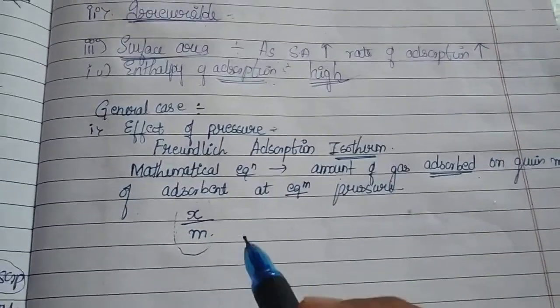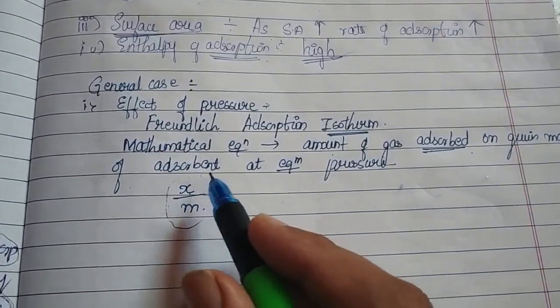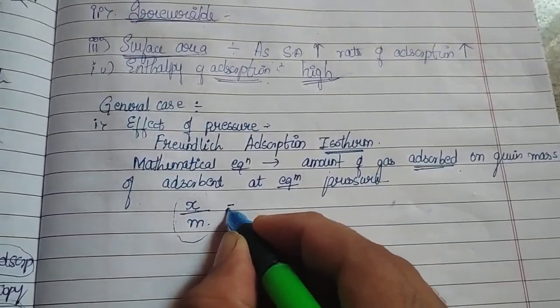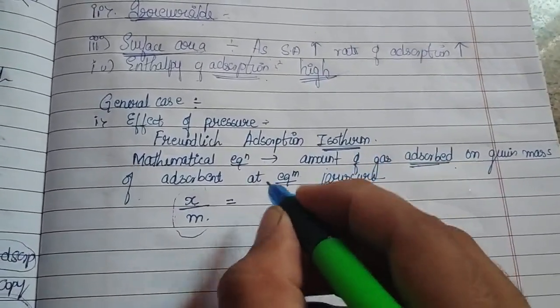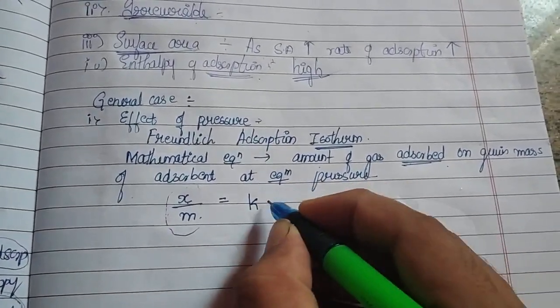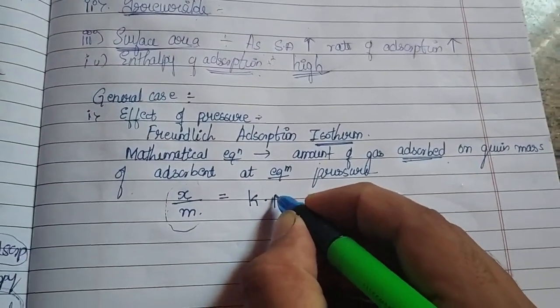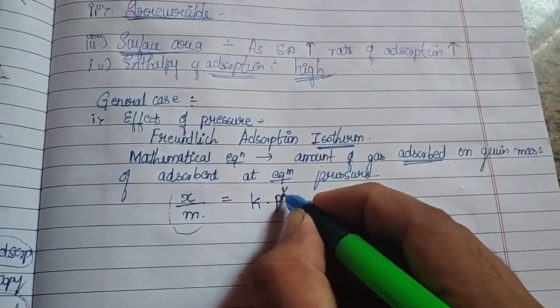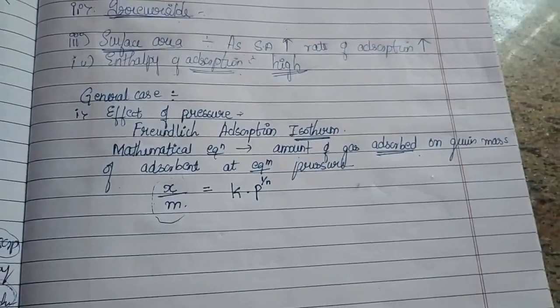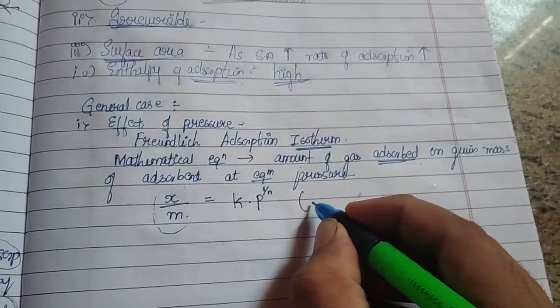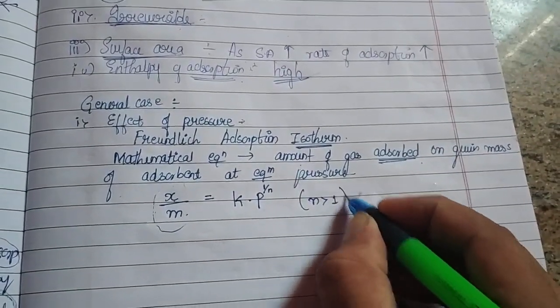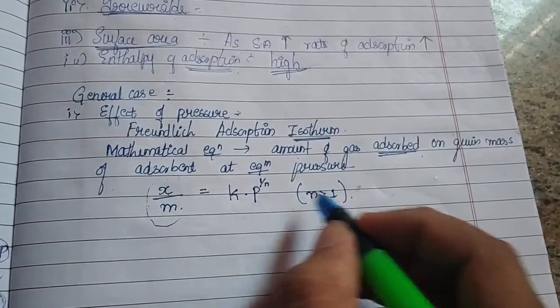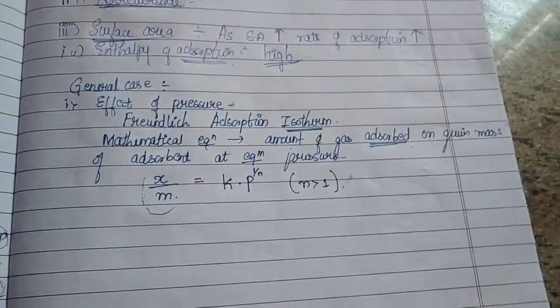This extent of adsorption is equal to K, a constant, into the pressure to the power of 1 by n. Remember, this n will always be greater than 1.